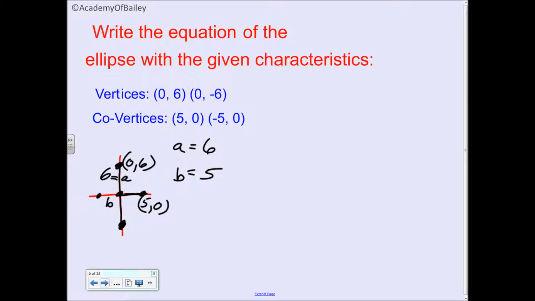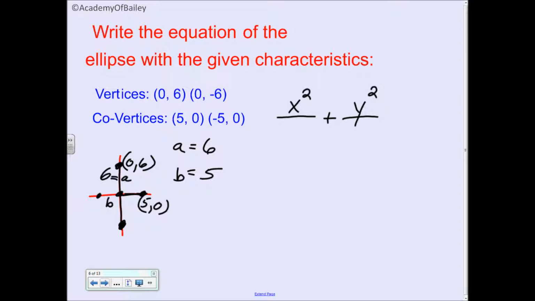So it says write the equation of the ellipse with the given characteristics. All right, so we're going to have x minus h. Well, h is 0. So you're going to have x minus 0, which is x. And then you're going to be adding y minus 0, which is just y. And then we square both of those, that's on top.